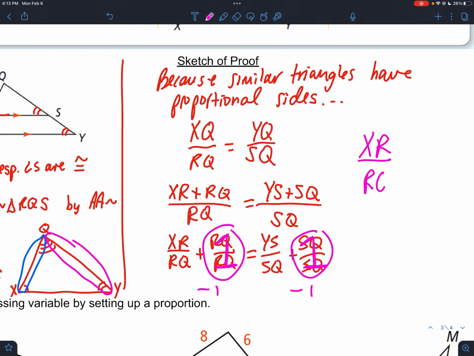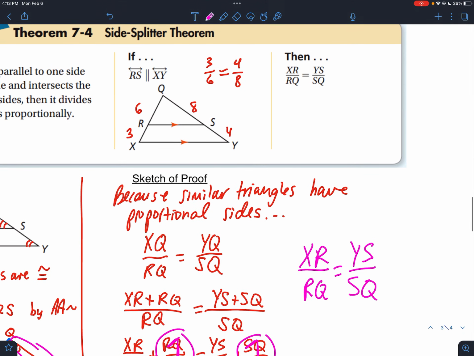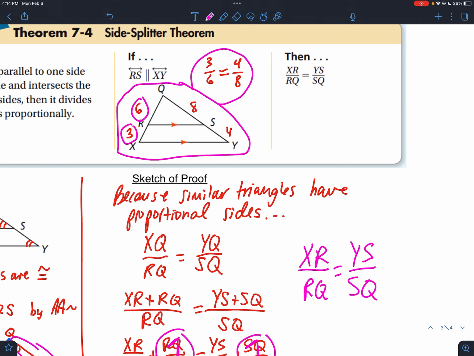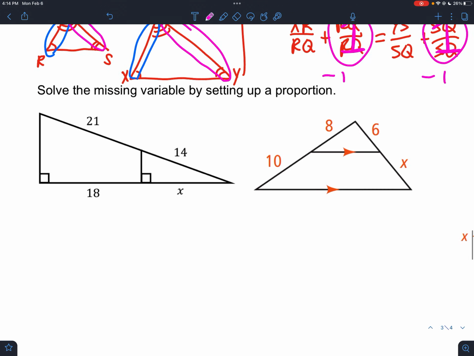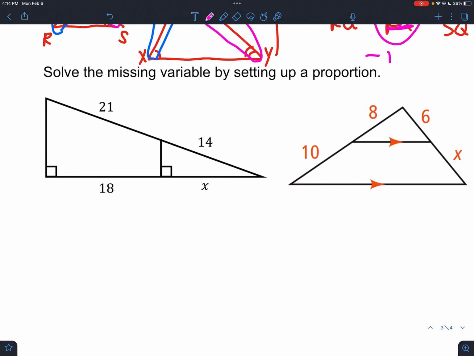So we can subtract 1 from both sides, and we get our result. Again, what is this telling us? I would advise you to just look here. It's saying, hey, if you had this diagram, then 3 over 6 is equal to 4 over 8. And it's just a result of similar triangles and a little bit of clever algebra.